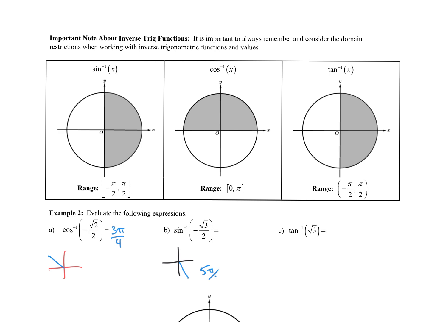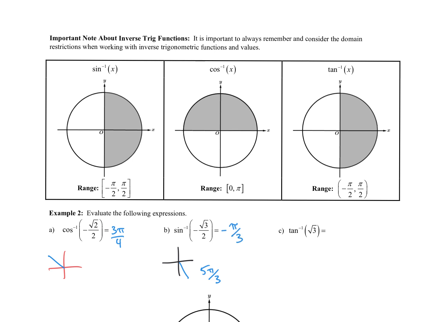However, this is wrong, because 5 pi over 3 is not between negative pi over 2 and pi over 2. Does everybody follow this? That would not pass the horizontal line test or the vertical line test for that matter. So what we have to do is subtract 2 pi from it, or just think about it going backwards. So this would be negative pi over 3.